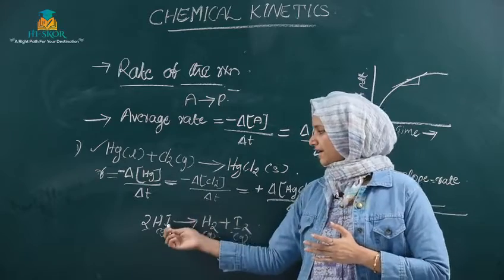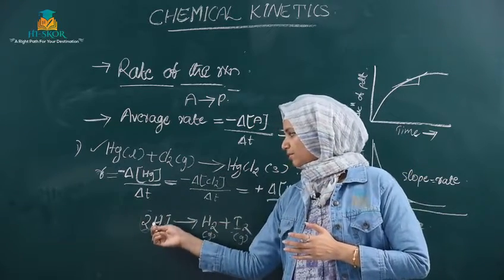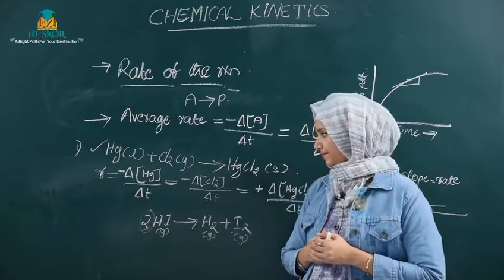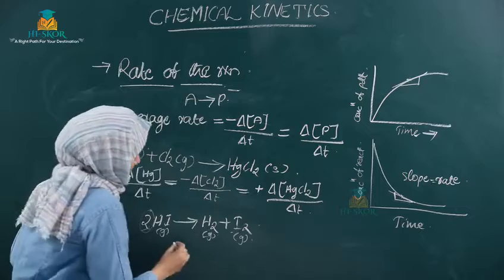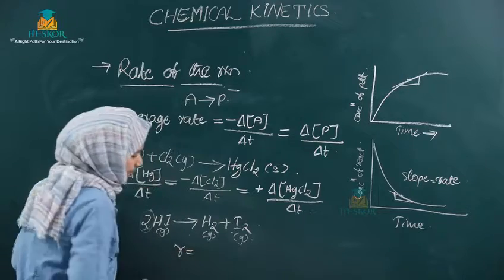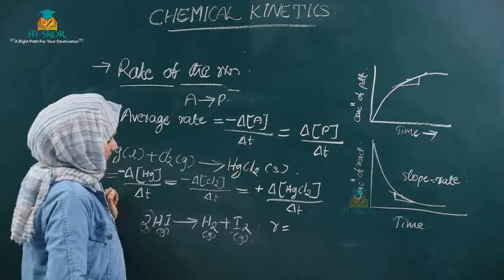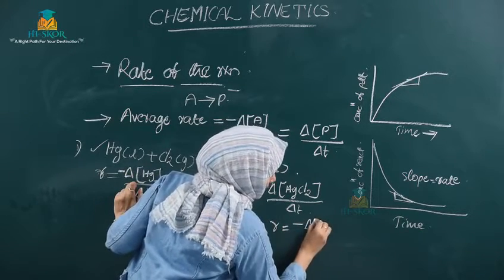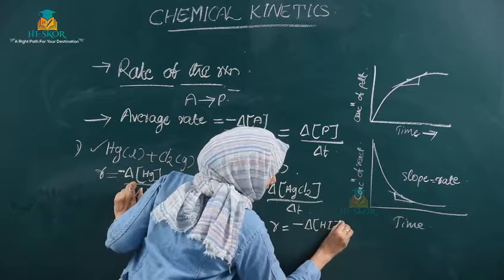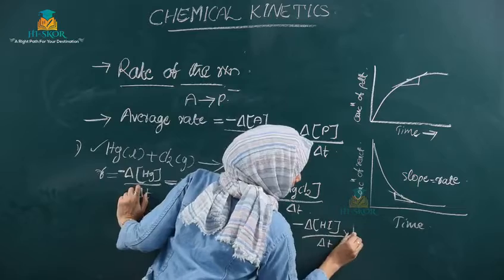So while writing the rate here, you have to divide by that stoichiometric number. So how will you express the rate here? R is equal to minus average rate, R is equal to minus delta HI by delta T into 1 by 2.